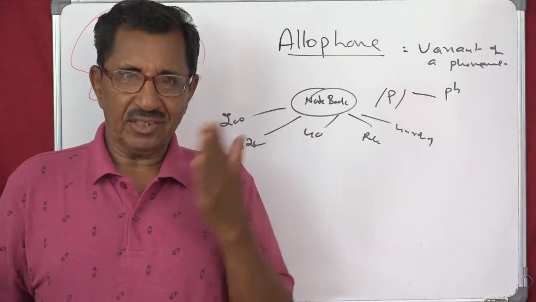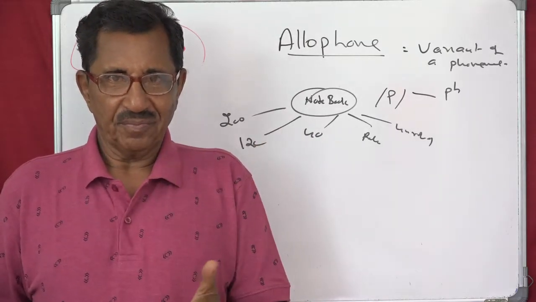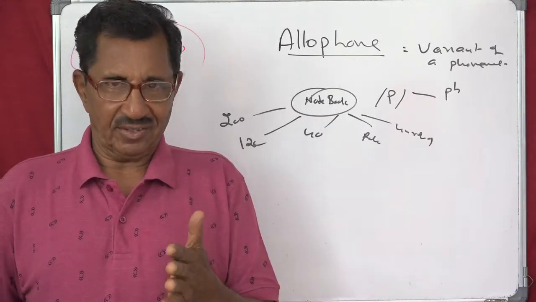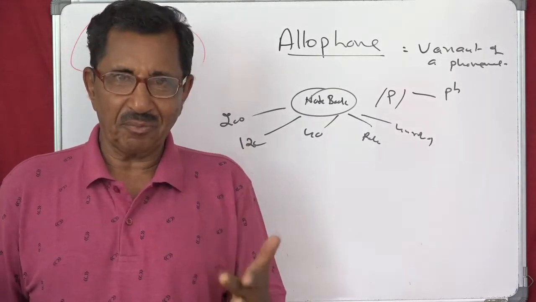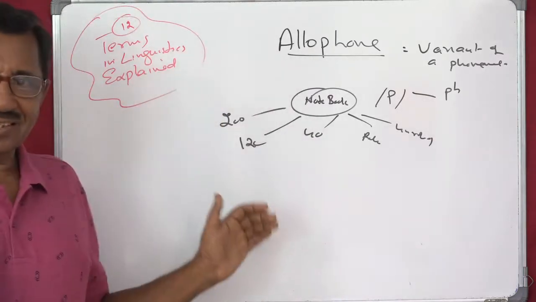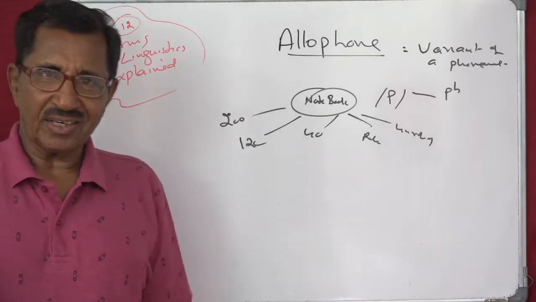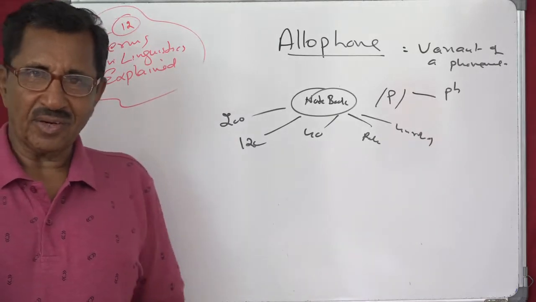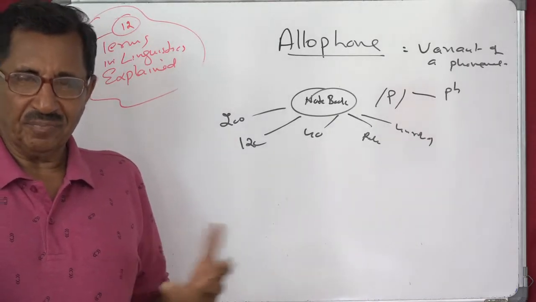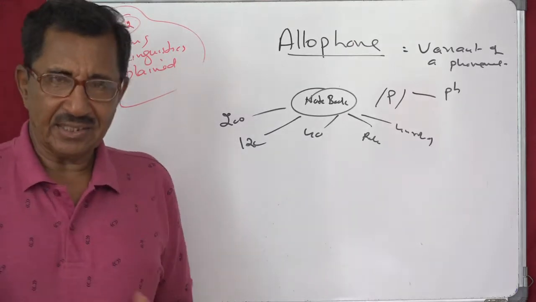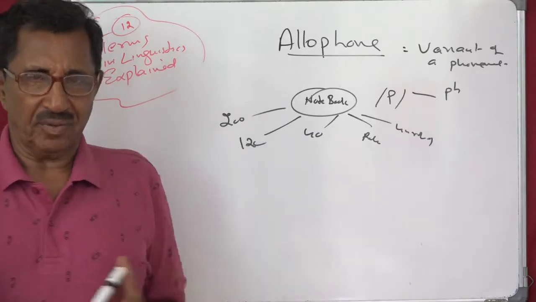So an allophone is the variant of a phoneme, and the variation happens because of the phonetic context. Just as a notebook is a notebook, but variation takes place because of the number of pages, ruling, or plain paper, or hardbound, or lamination, but it's a notebook.